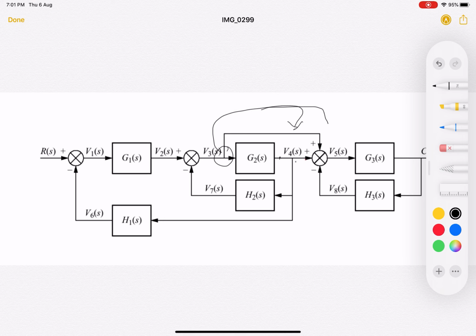So instead of this signal being picked up from here, we were picking up from this point, dividing by G2, and then feeding it into the summing junction. Then we had combined this G2 and this gain of 1 here to come up with a single block instead of the two blocks.